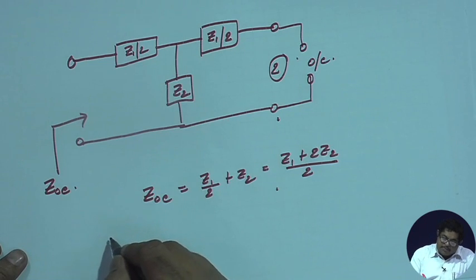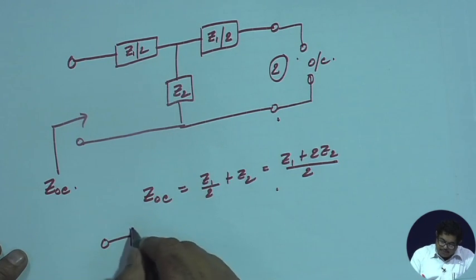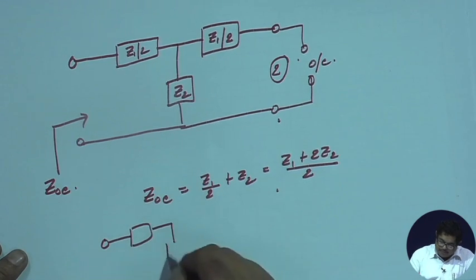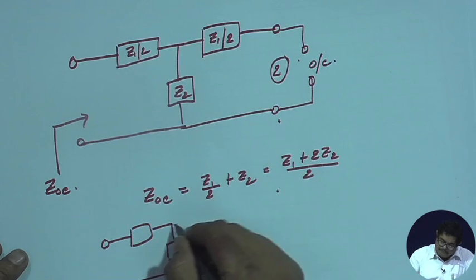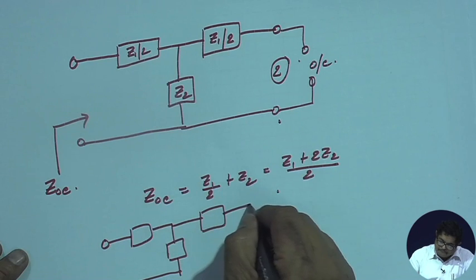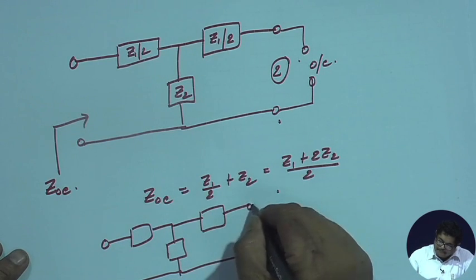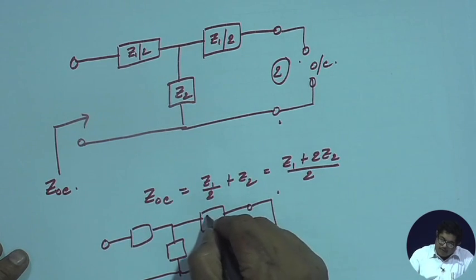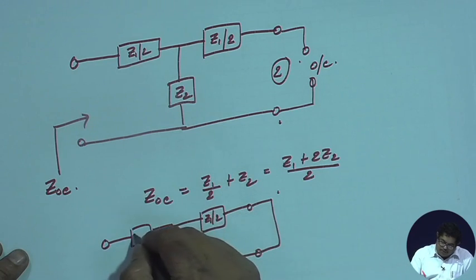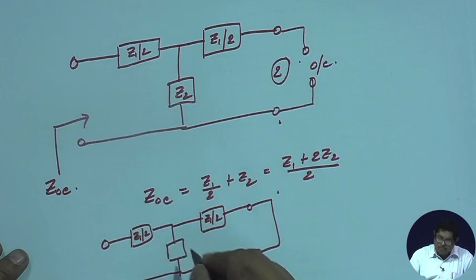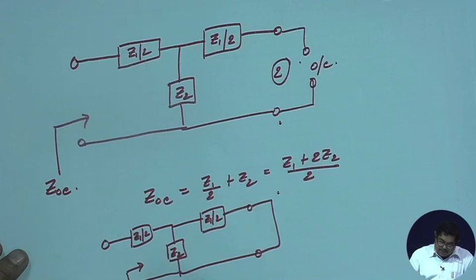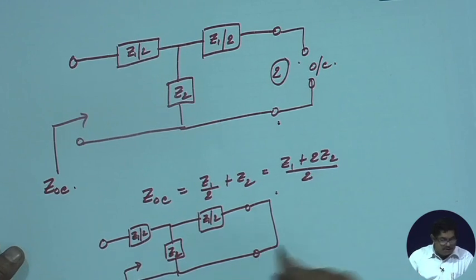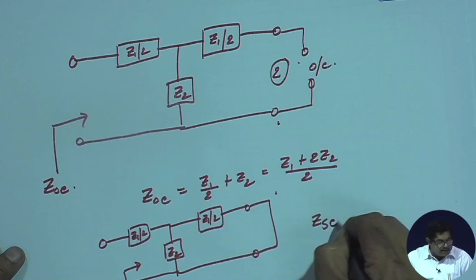Now, I put port 2 shorted. This is Z1 by 2, Z1 by 2, Z2, and this is ZSC. So, what is ZSC?